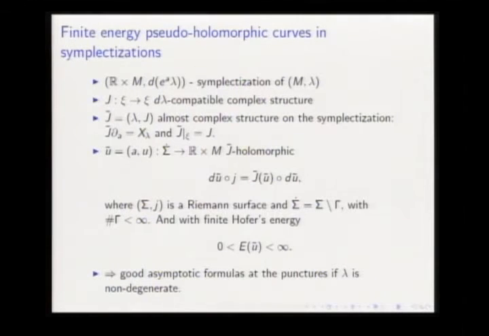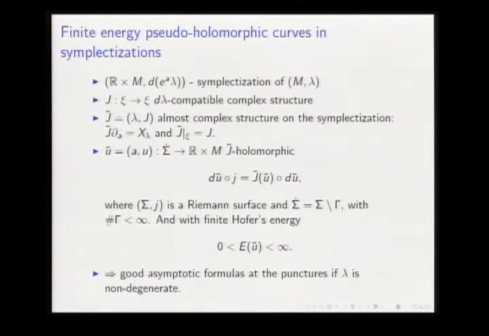You always have these complex structures which are lambda-compatible, and we can choose one of such J's and produce an almost complex structure in the symplectization by saying that the R direction is sent to the Reeb vector field and the contact structure is preserved and coincides with that given J.